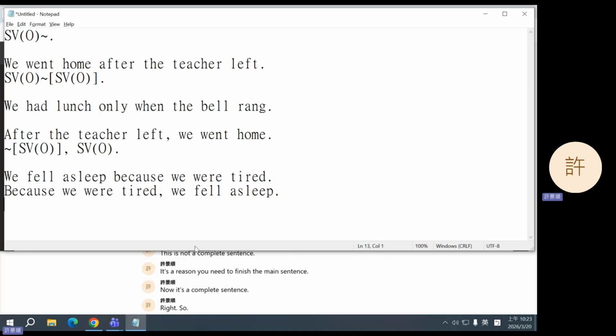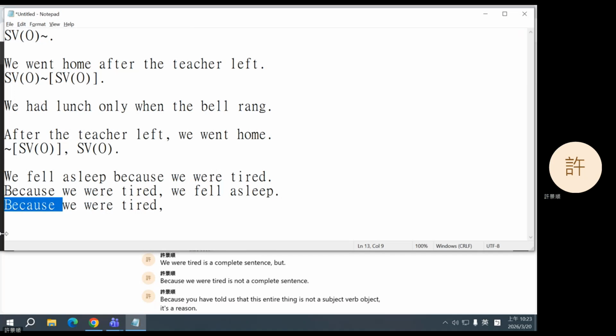So another way to say this is, we were tired is a complete sentence, but because we were tired is not a complete sentence. Because you have told us that this entire thing is not a subject verb object, it's a reason. Questions?